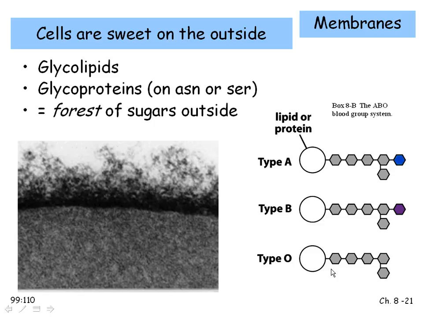So type O's are universal donors. You can imagine that someone who's heterozygous, has both type A and type B, can take blood from everybody. They're universal recipients. They can't give it to people.